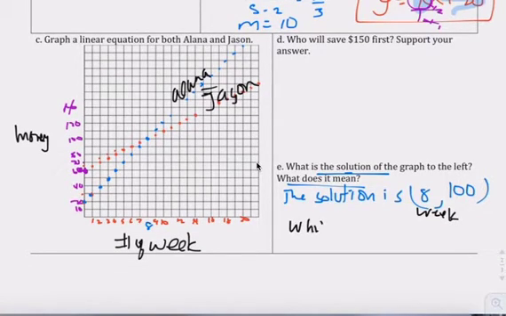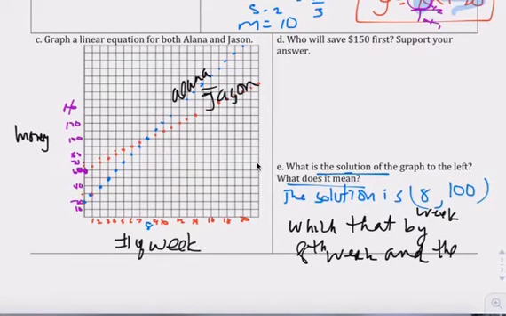Which means that by the 8th week, they both have $100 in savings, okay?